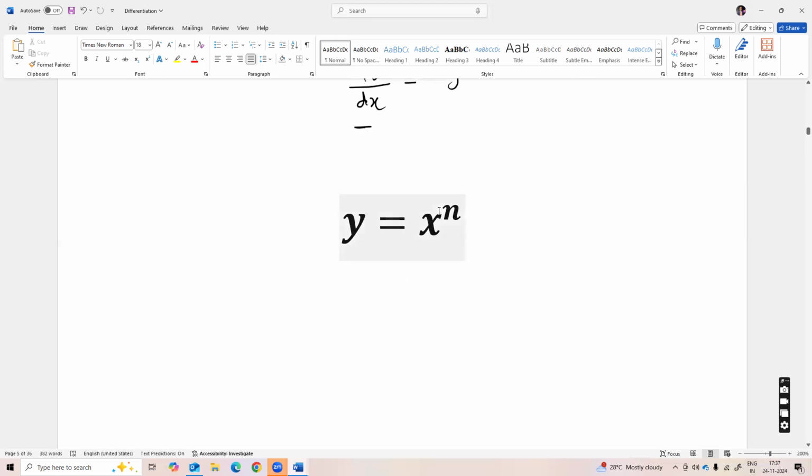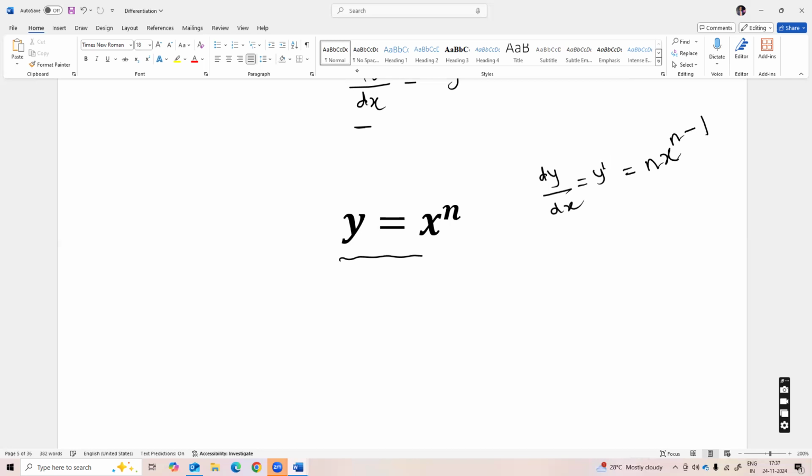Now if you have a function like y equal to x to the power n, in this case the derivative of y, which is dy by dx or y dash, is given as n times x to the power n minus 1.